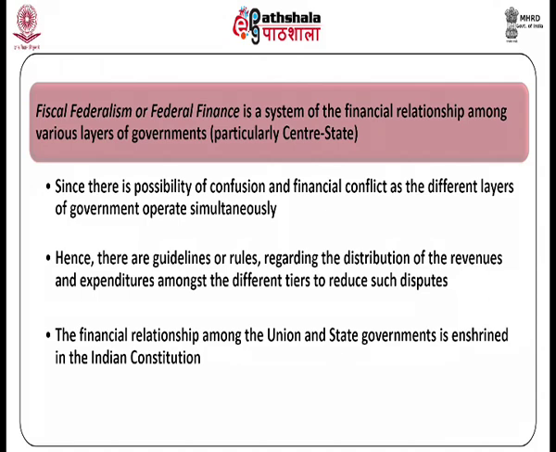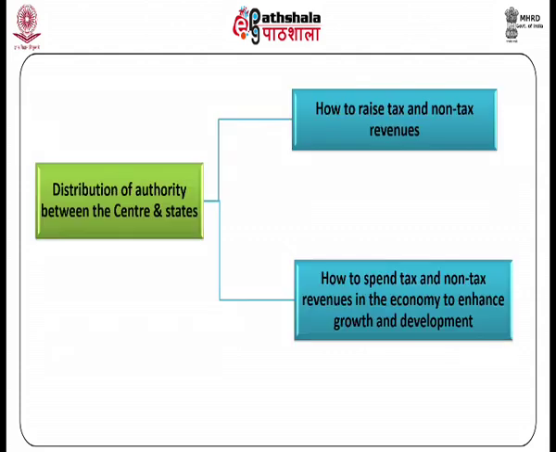The financial relationship among the union and state governments is enshrined in the Indian Constitution. The focus of this relationship is on the distribution of authority between the center and states regarding: 1. How to raise tax and non-tax revenues. 2.